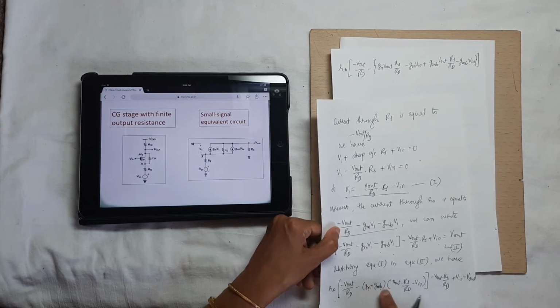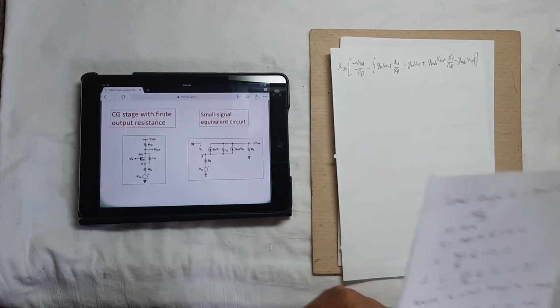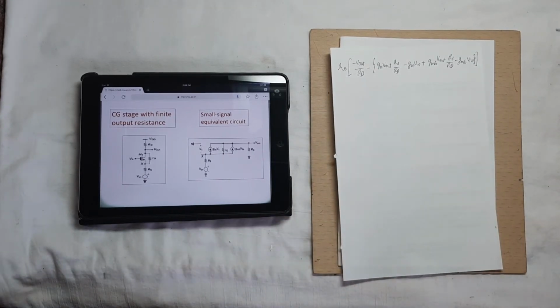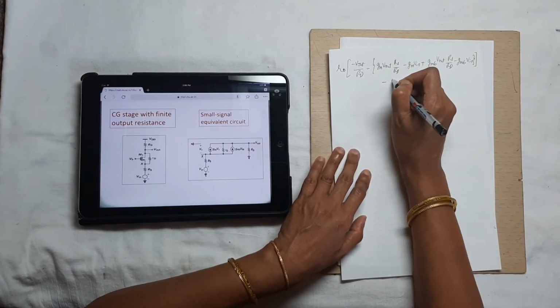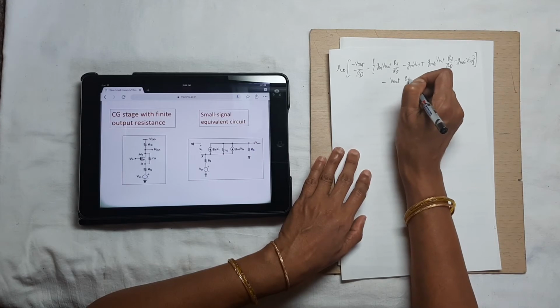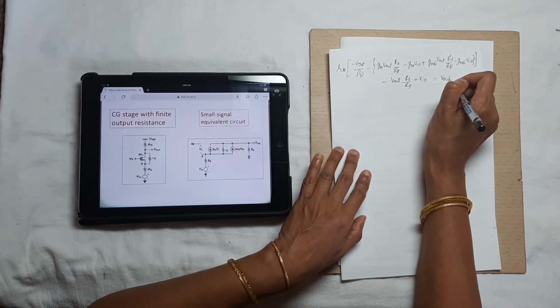The remaining part continues as it is: minus V out into RS by RD plus V in is equal to V out.